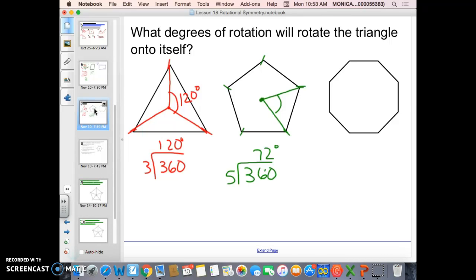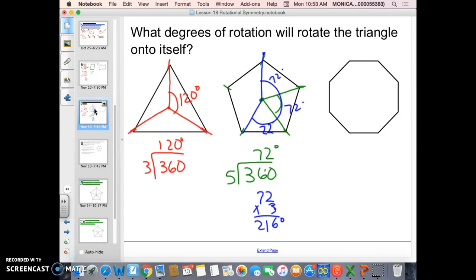So again, if I started at this point here, and I wanted to rotate all the way around to here, it would be 72, 72, and 72. So 72 times 3, 216 degrees.